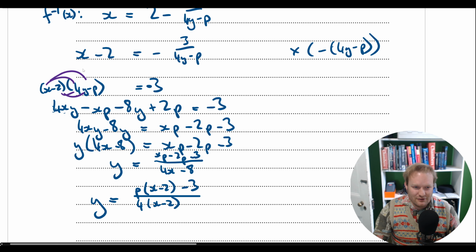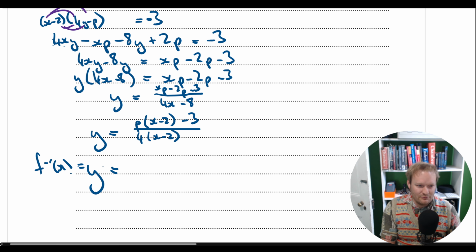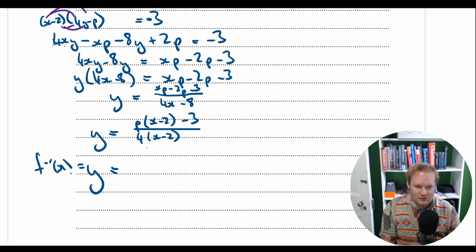So when you rearrange this, remember this is the inverse, when we split this into two fractions, as long as x isn't equal to 2, we've got p over 4 minus 3 over, almost forgot my 4 there, 4x minus 2.